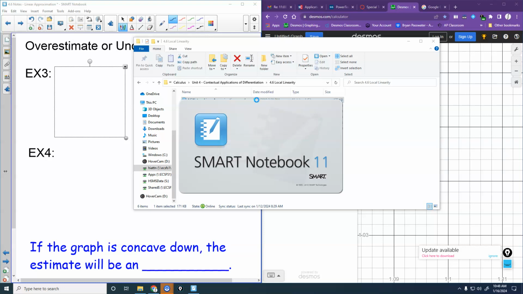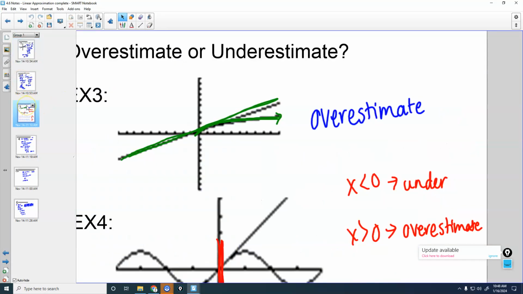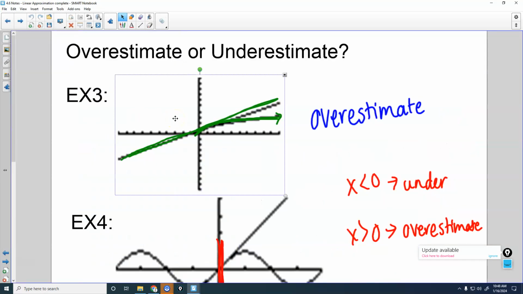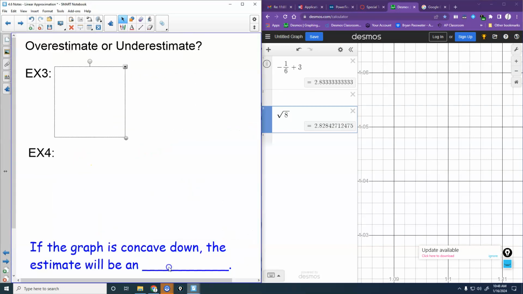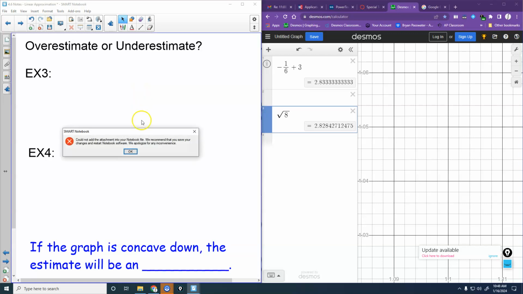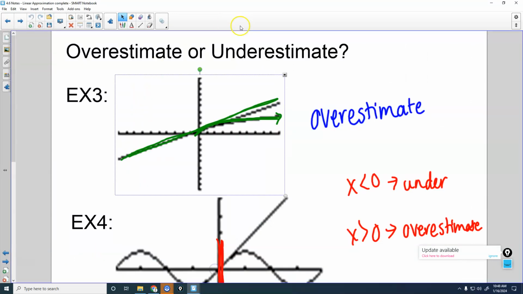No. Okay, this is what you had, right? Let me copy these graphs and put them over here. Oh gosh, we're on a short day today too. Oh great. Okay, we need to finish anyway. Let me go look over here.